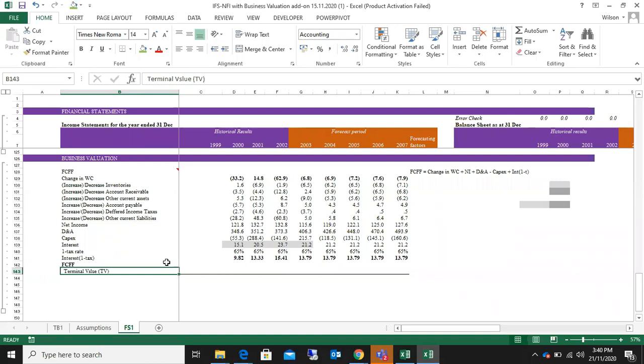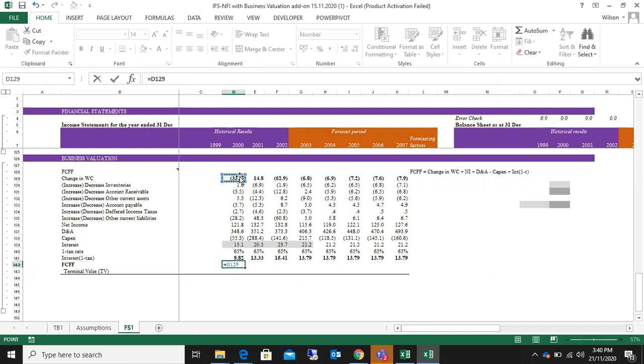All right. So for the free cash flow, of course, we calculated our change in working capital loss. Next thing is the net income plus depreciation and amortization, right?